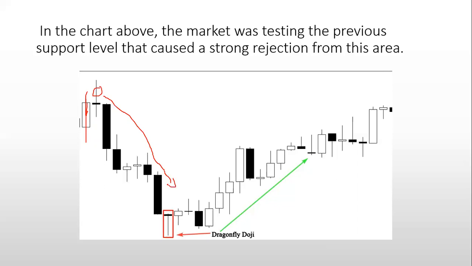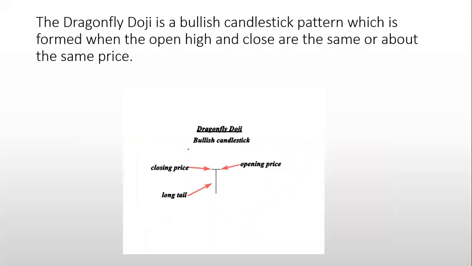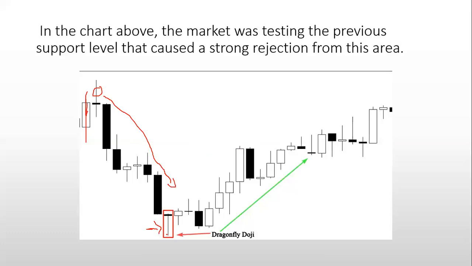Now we're looking at the dragonfly doji in this aspect, which is here. This is the dragonfly doji. When the dragonfly doji sets in, it's talking about a bullish pattern. The dragonfly doji is also known as the bullish candlestick, as you have over here. When this sets in down here, we expect that the market is supposed to rise upwards.